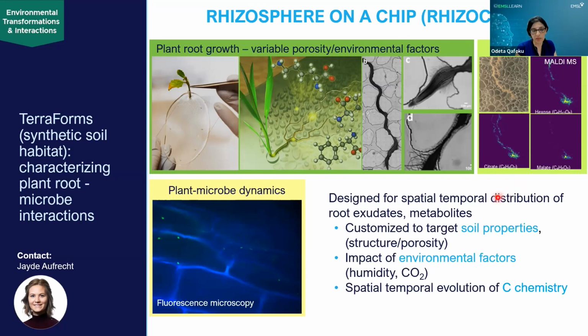It can also be coupled with fluorescence microscopy, shown in this image down here, to see where the microbial community is in relation to the plant root. For any questions about this capability, and if you would like to use it in the exploratory proposal call, please contact Jade of REC.